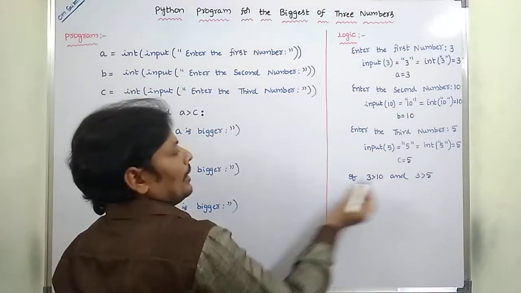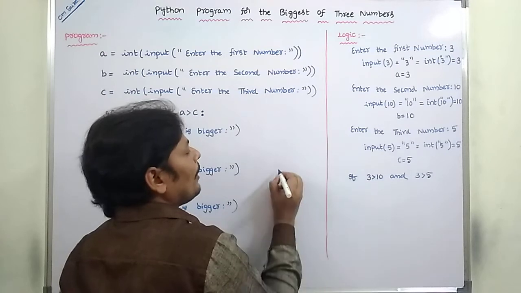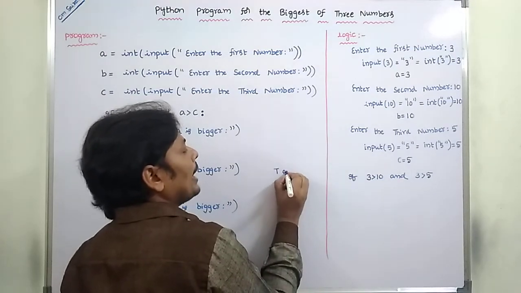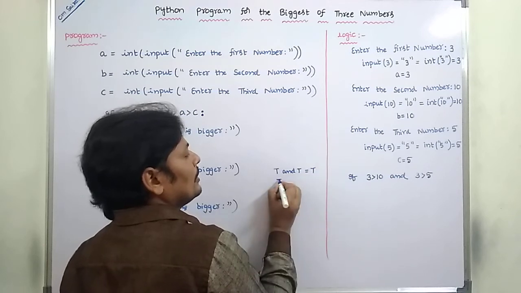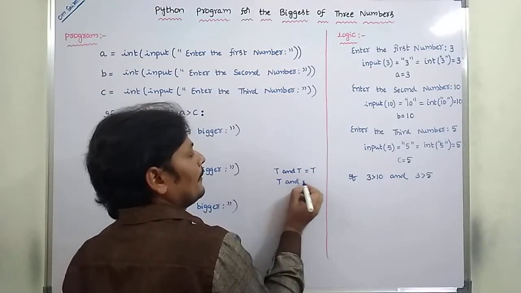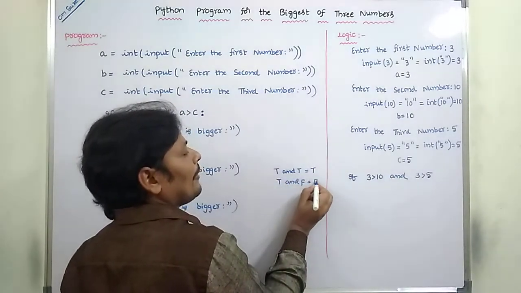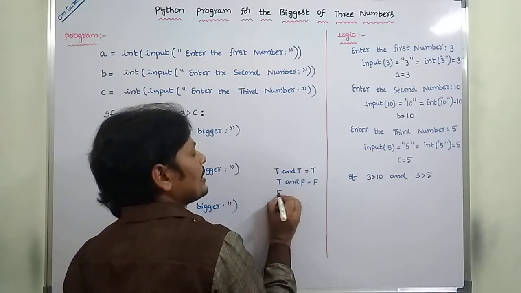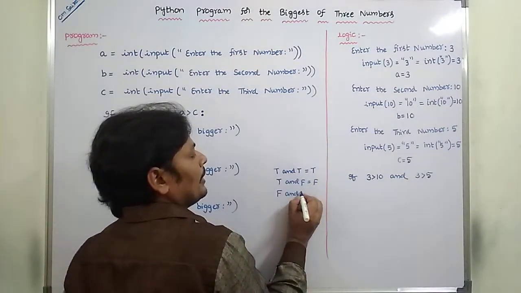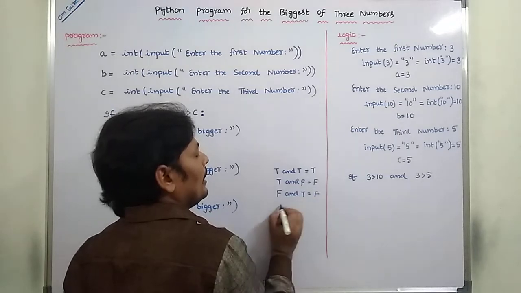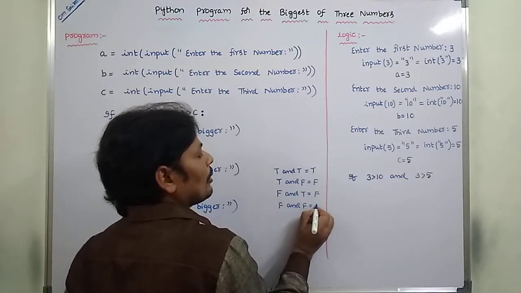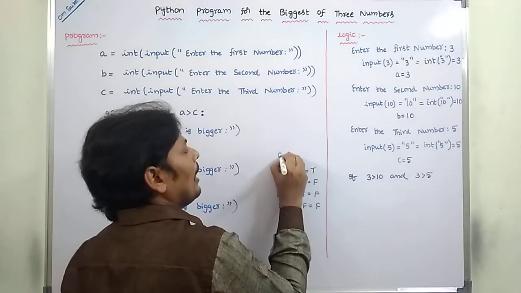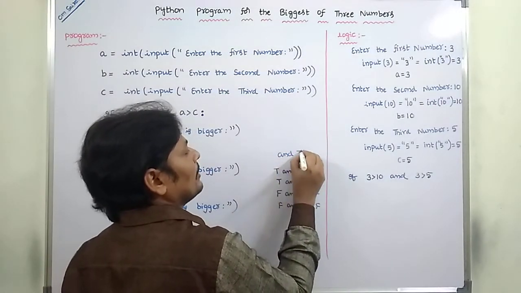True and true is equal to true. True and false is equal to false. False and true is equal to false. And false and false is equal to false. So this is the logical AND table.